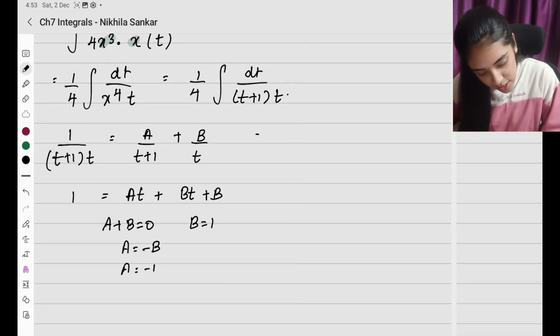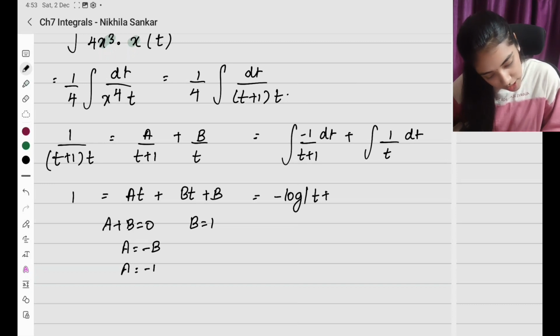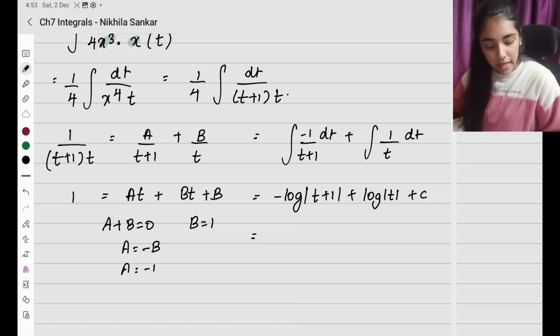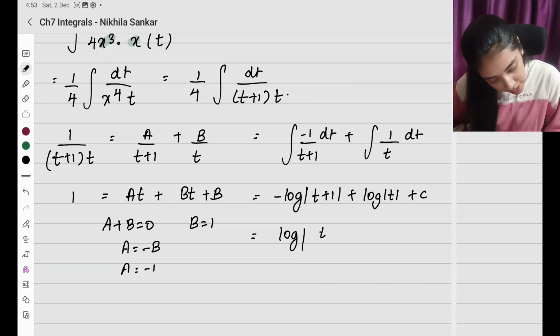So this is going to be integral minus 1 divided by t plus 1 dt plus integral 1 by t dt. So this is minus log mod t plus 1 plus log mod t plus c. This is of the form log of a minus log of b, which is log of a by b. So log of t divided by t plus 1 plus c.